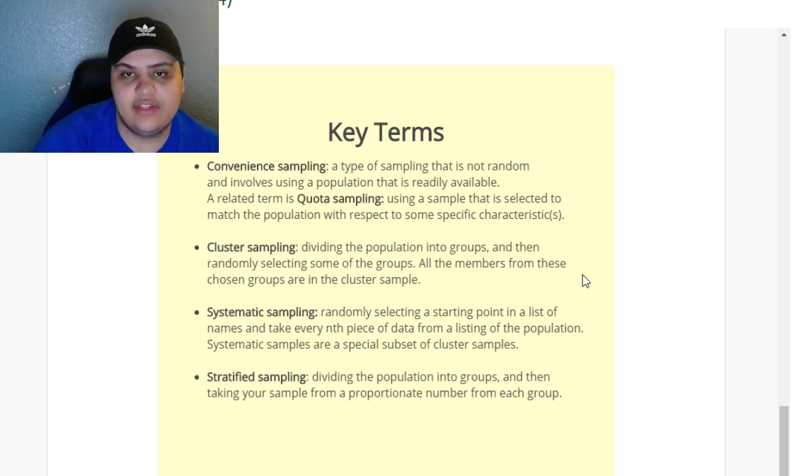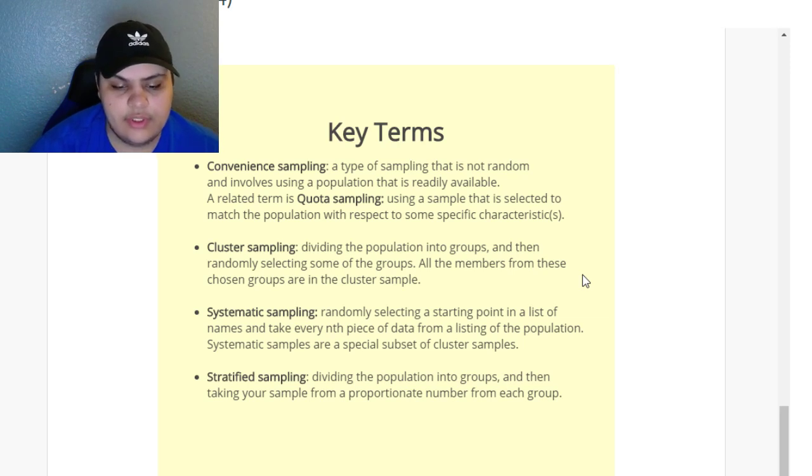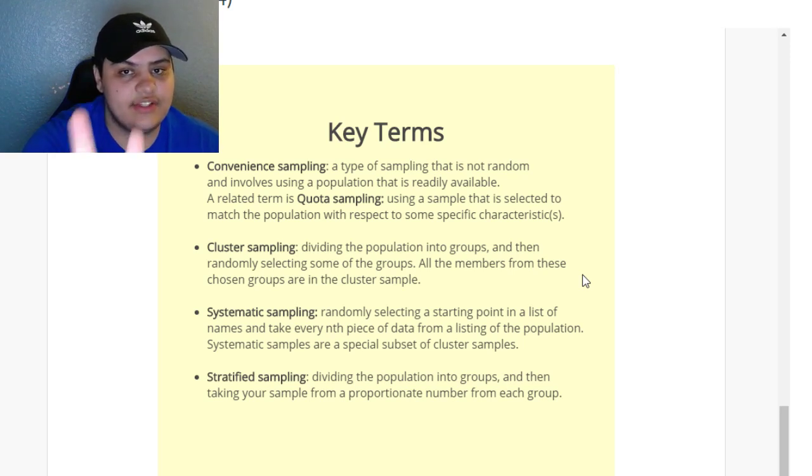So instead of taking 20 floors and basically saying, I'm going to randomly select 4 full floors to look through, where I go through all 4 floors to survey people, instead of doing that, you go, I'm going to randomly select 2 rooms from each hotel floor out of the 20.